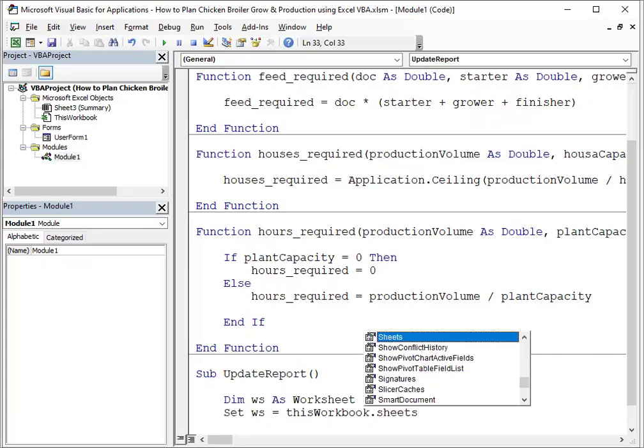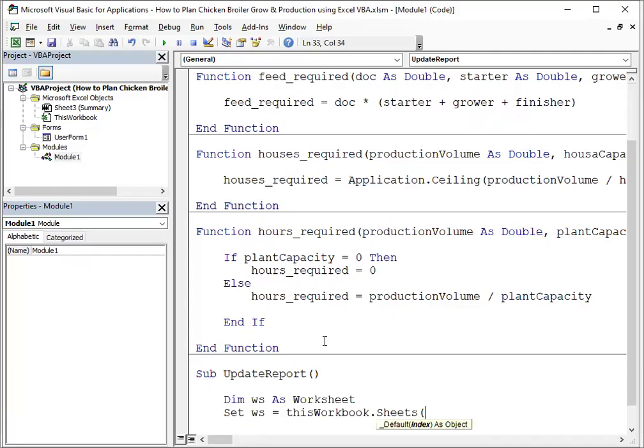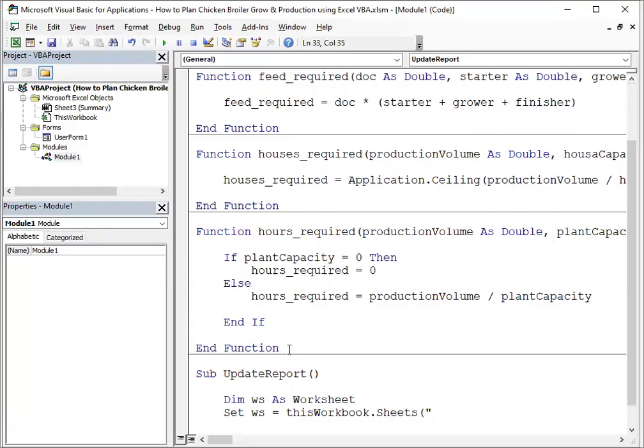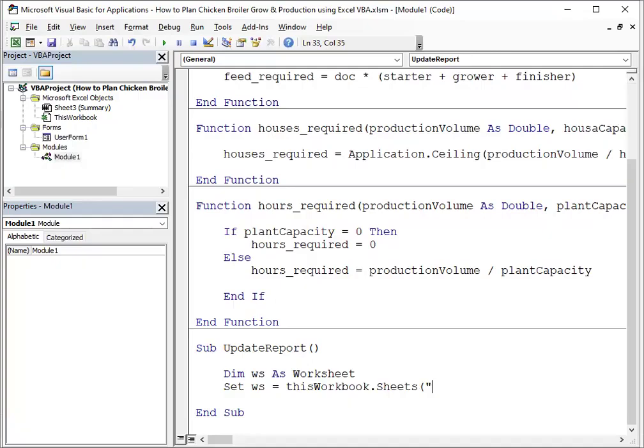Remember the sheet that we have in the Excel, which is called, I think, summary. We're going back there. See, the name of the sheet is summary. It should be the same spelling. Otherwise, again, we're going to have problems, errors.